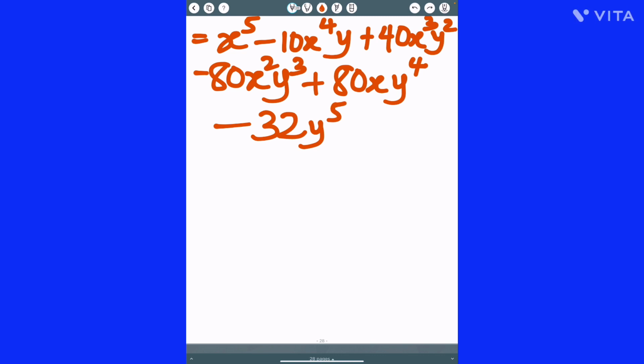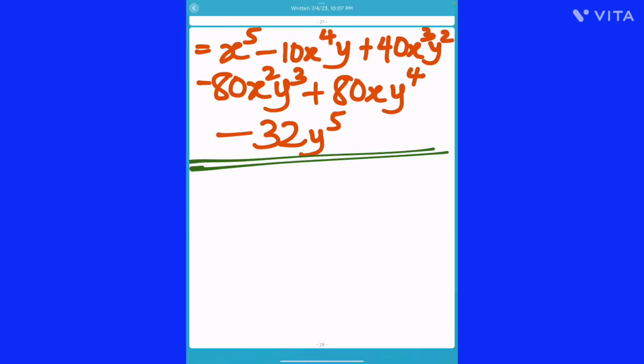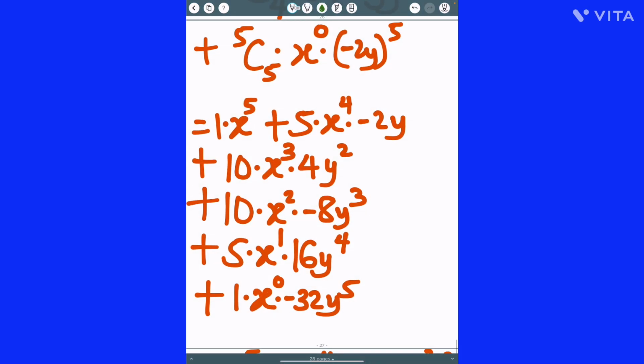Yours should be on a single line since your note has enough space, instead of breaking into pieces like this. This is my last term, all of this. First, I'll multiply the constants in it. The constants are plus 1 times minus 32, which is minus 32.